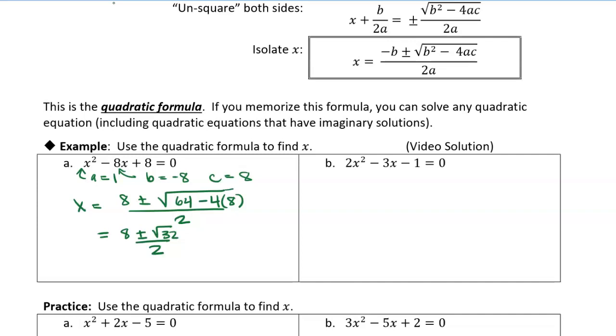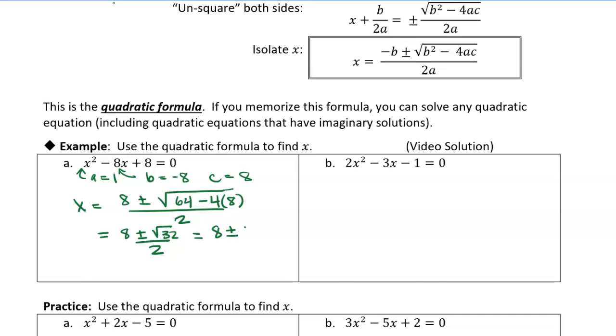Now we can simplify that, because I can see that 32 is 4 times 8, which is how we got it, right? So it's 4 times 4 times 2, so it's 16 times 2 as well. So I can actually pull the 16 out and make it a 4.